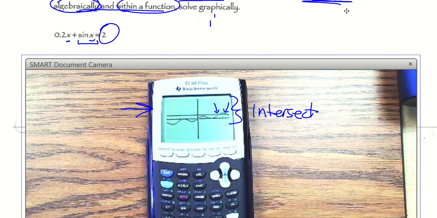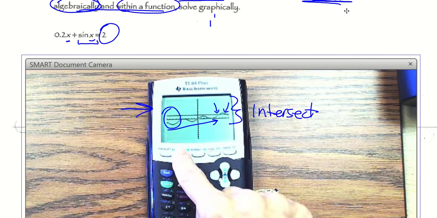And we could imagine that there would be more solutions if we went farther right in our window. It looks like our sinusoidal function, or a function that contains that sine, is kind of ramping upwards as we move to the right, where there are no solutions to the left, but there are at least 2 solutions to the right, maybe more. So I'm going to adjust that window so I can see farther to the right.